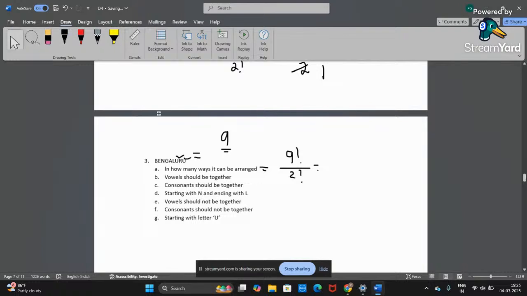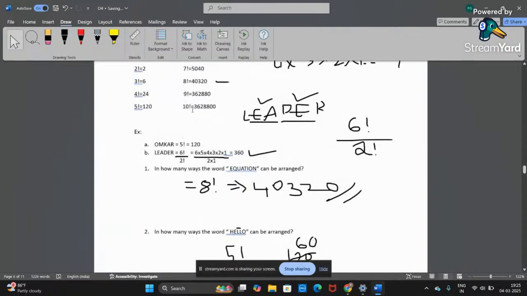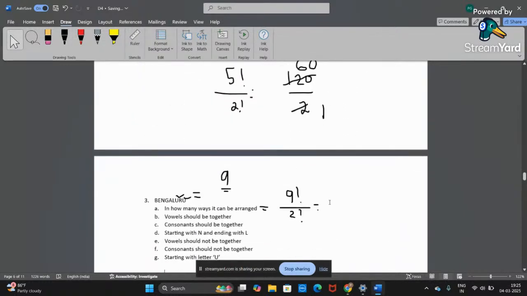What is your 9 factorial value? It is 362880 divided by 2. What is the answer?